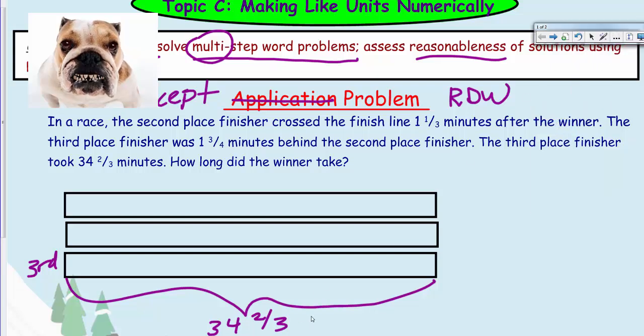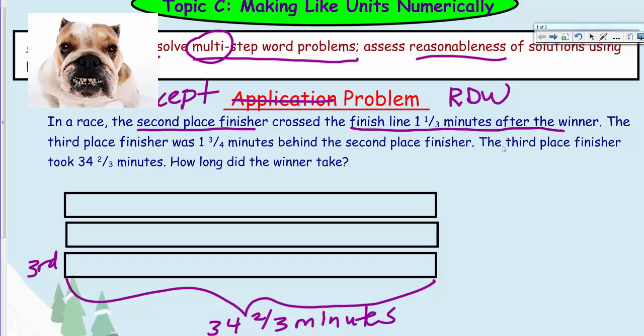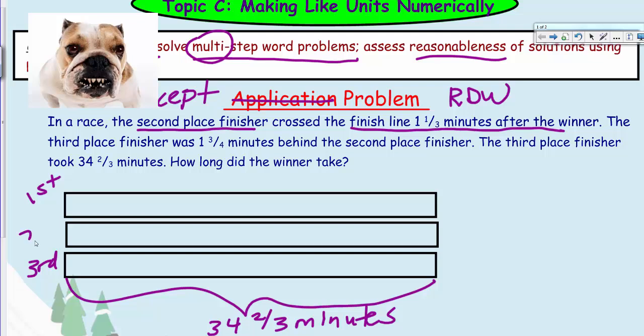That means that the other two have to be less. Does it tell us that? It does say this. It says in a race, the second place finisher crossed the finish line 1 1/3 minutes after the winner. So let's call this guy the first place since he's the winner, and then we'll call this guy the second place.